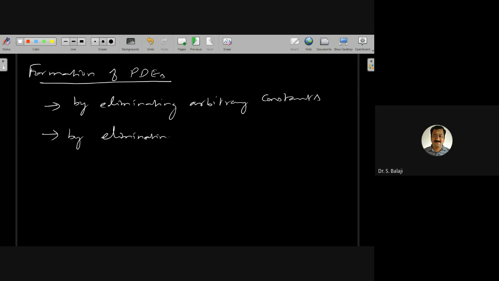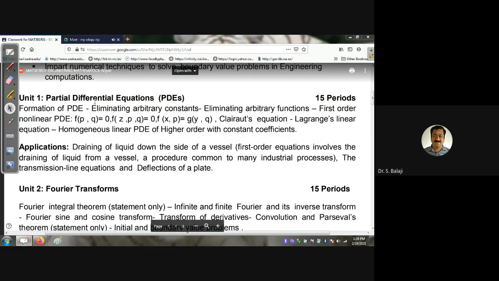So initially we see the formation of PDEs by eliminating arbitrary constants and by eliminating arbitrary functions.